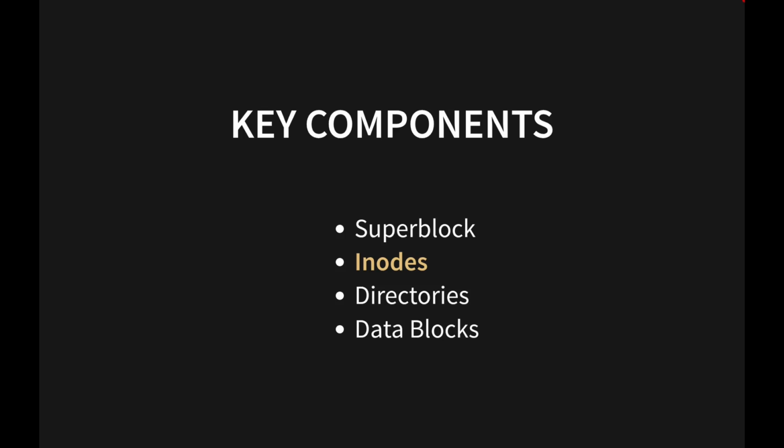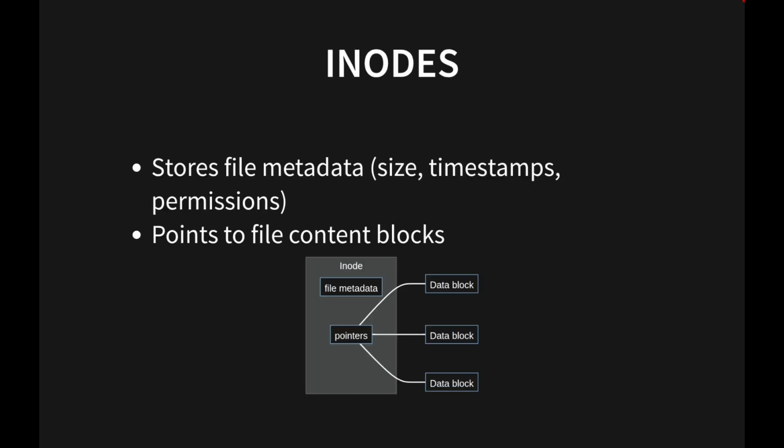Moving on, we're now going to discuss inodes, which are one of the most important concepts and data structures in perhaps all file systems. The main job of inodes is to store file metadata. In contrast to the Superblock, which stored the metadata of the file system itself, inodes store metadata of files, and in a special case, directories.